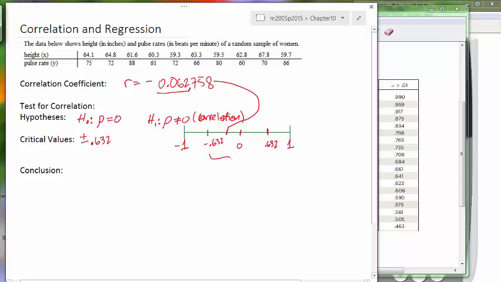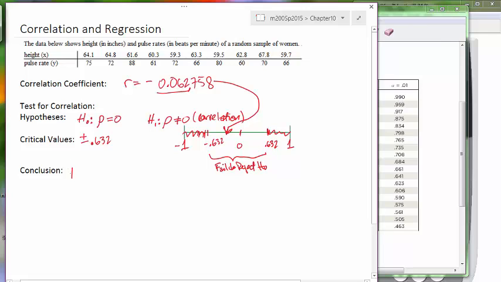So if you remember anything in here, we fail to reject. We fail to reject the no correlation statement. And everything out here we reject. So we are in this spot over here where we fail to reject the null hypothesis.